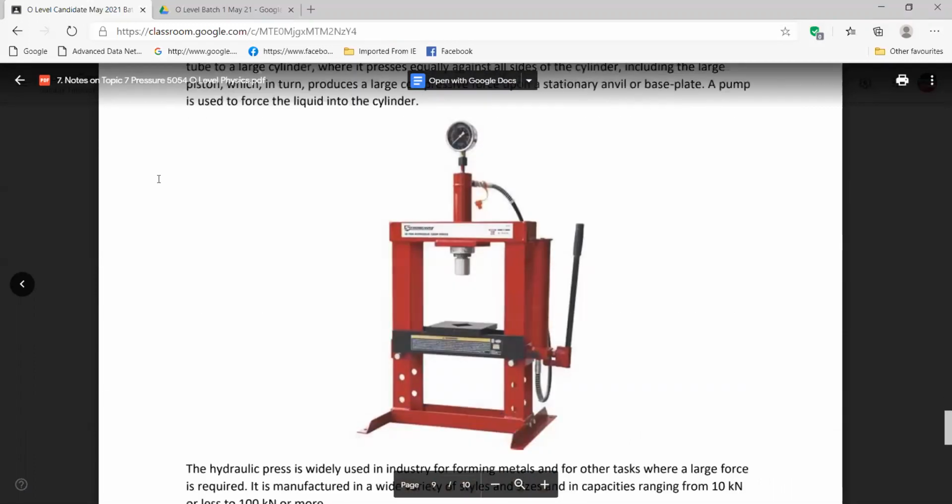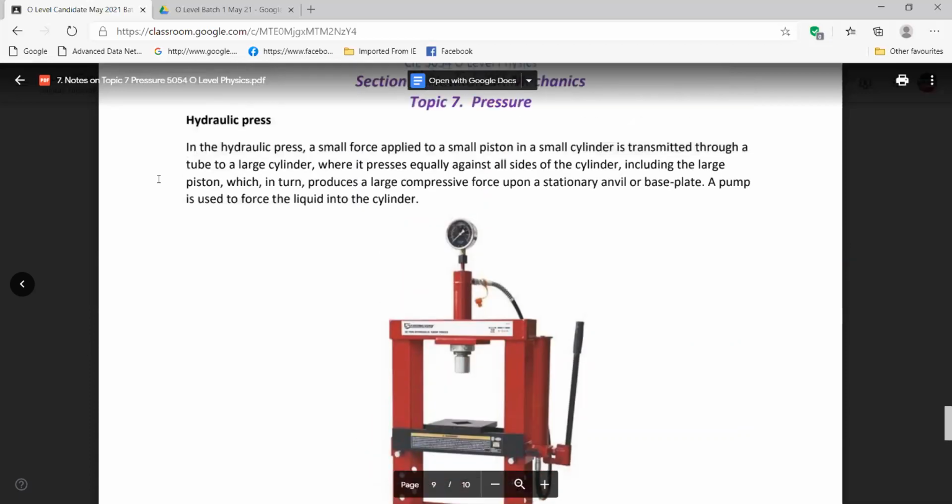This one. I think the first paragraph. Can you read?